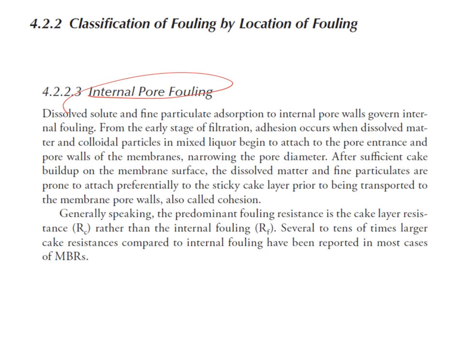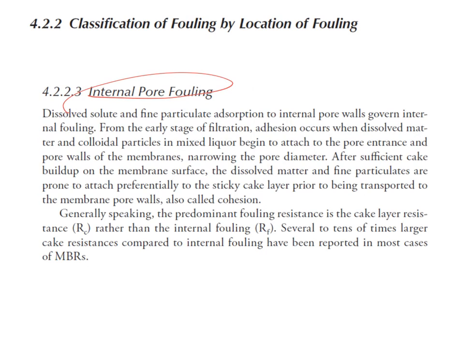So from the early stage of filtration, adhesion occurs when dissolved materials and colloidal particles in the feed solution for the MBR attach to the pore entrance and pore walls of the membranes. So it leads to the narrowing of pore diameter, and then we can see a decreased permeability of the membranes.